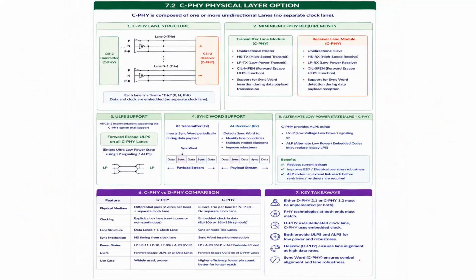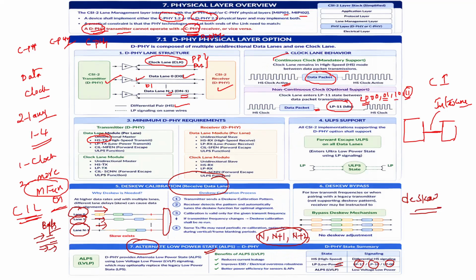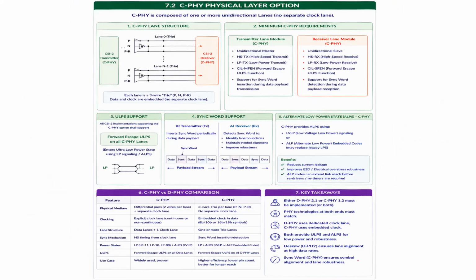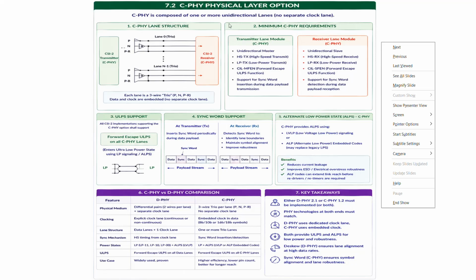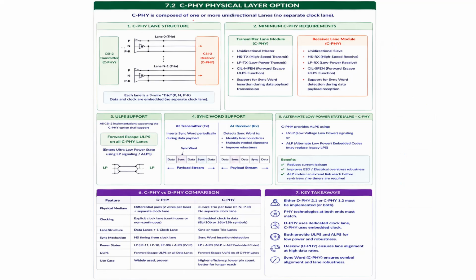Similarly, as we explained D-PHY, we have the C-PHY physical layer. I told you the C-PHY layer is composed of one or more unidirectional lanes, and there is no separate clock lane.